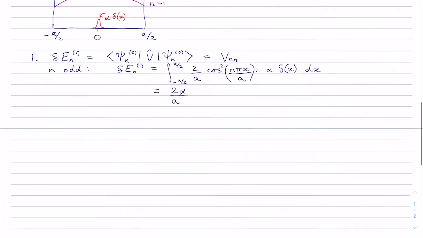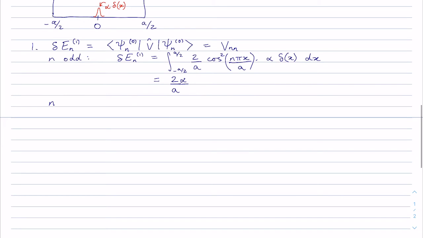Okay, that's too easy. The next one, n even, n equals 2, 4, 6, etc. We have ΔE_n^1. Now this time, it's confusing. This one, it's the n is even, but the function is odd.